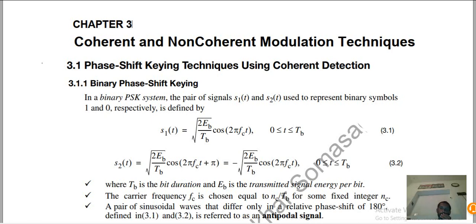That means the signals are a pair of sinusoidal waves which differ by a relative phase shift of 180 degrees, called antipodal signals, shown in equations 3.1 and 3.2.